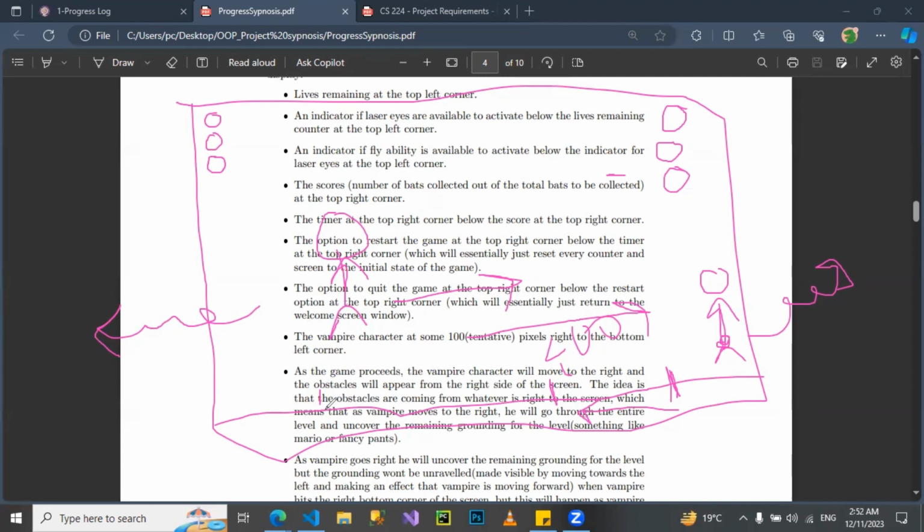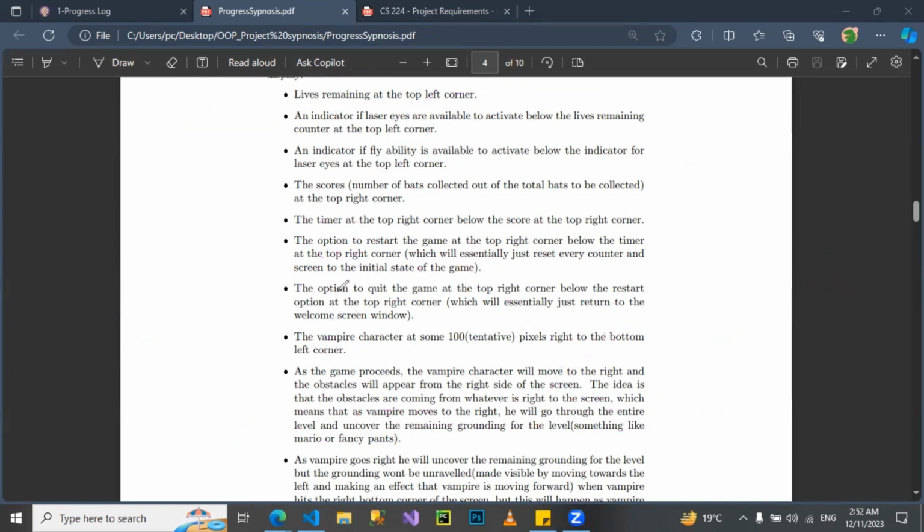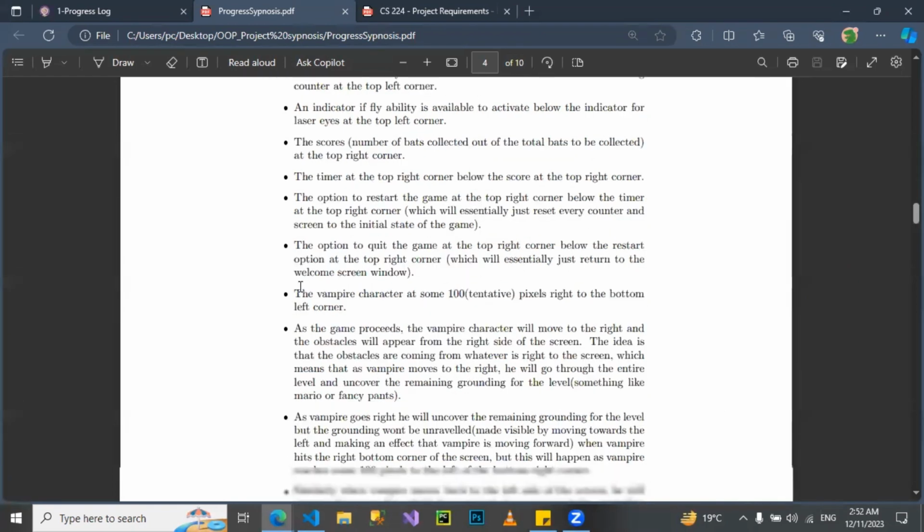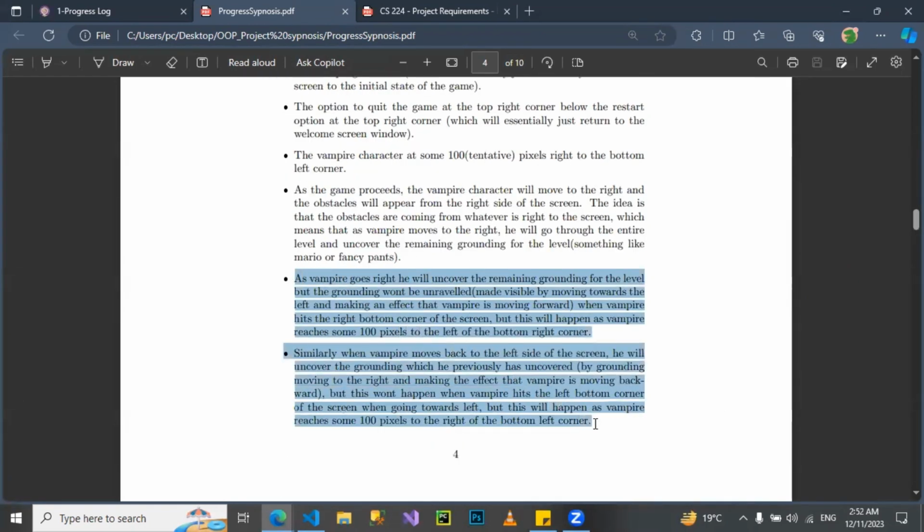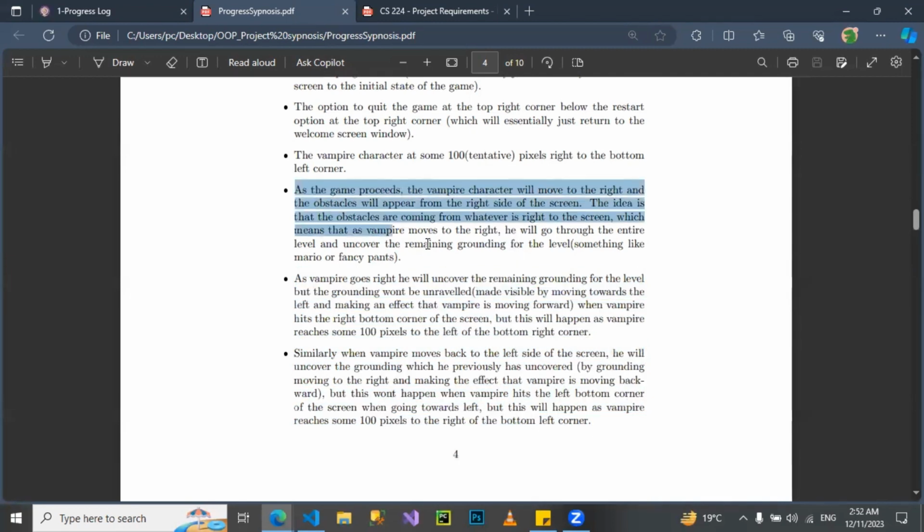He just needs to go left till the 300 or 400 pixel value and the floor will start moving right, creating an effect that the vampire is moving backwards in the level. This description is what I explain in these two points and this point as well.